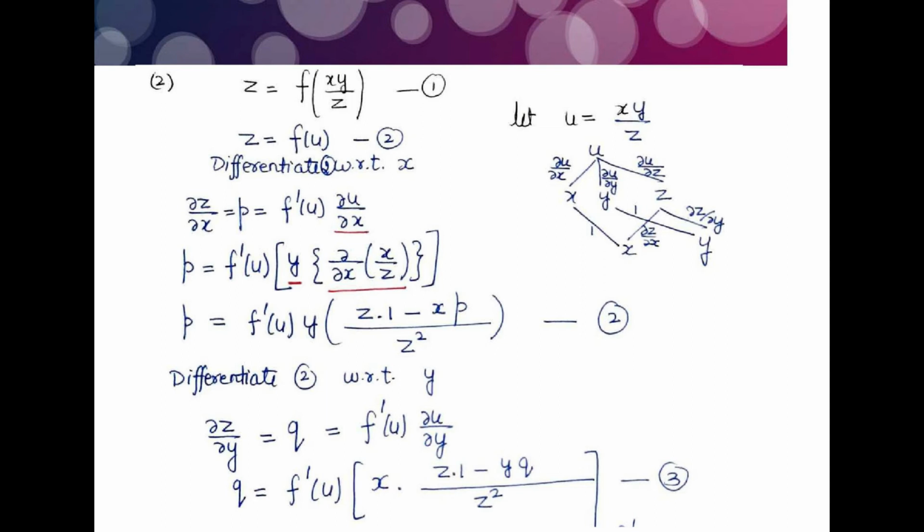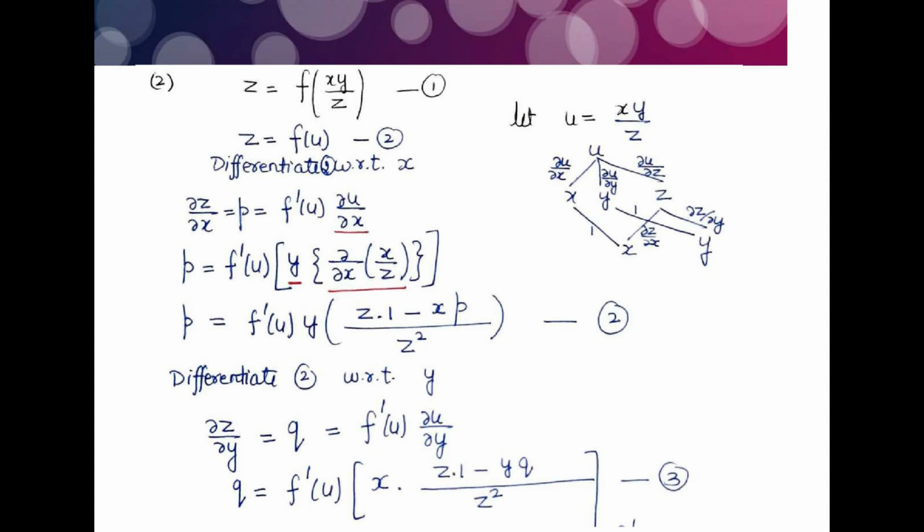The reason being, u is a function of x, y, z, and just remember that z is a function of x and y. So the derivative of u with respect to x: y is constant because we are taking the derivative with respect to x, so we can just separate y. And now the derivative of x over z with respect to x. Now this is given by equation number 2. Here z is not independent. It is a function of x and y both.